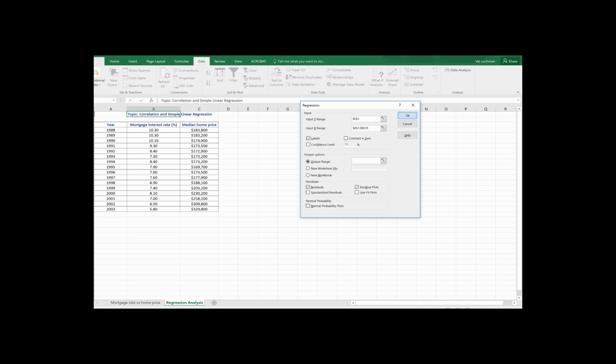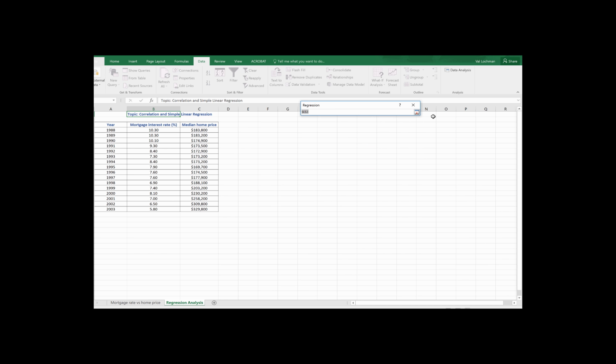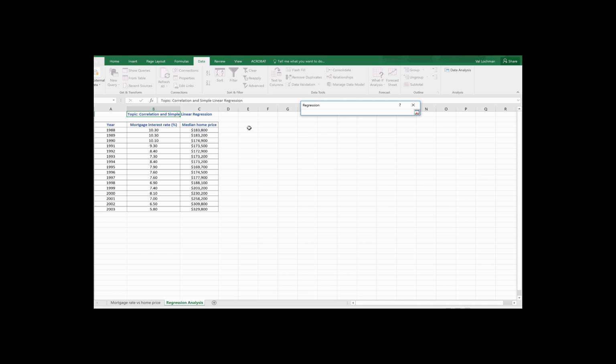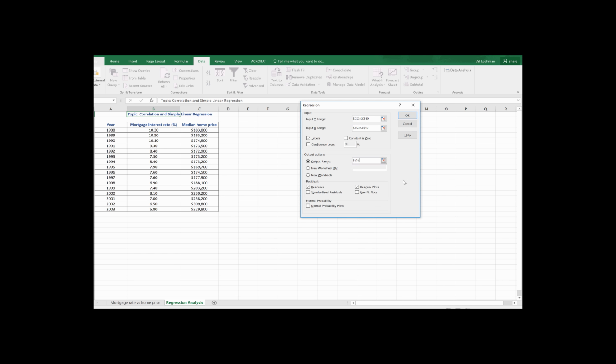Okay. No, what just happened? Oh yeah. Okay. I need my y values. I overwrote them somehow. Okay, the output will go here. Here we go. Let's just check.